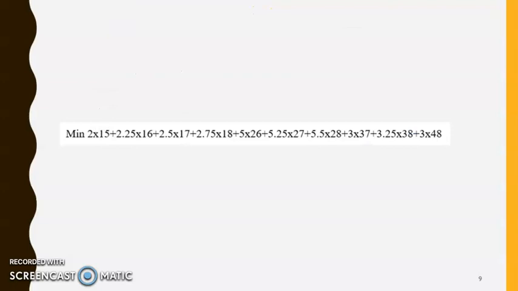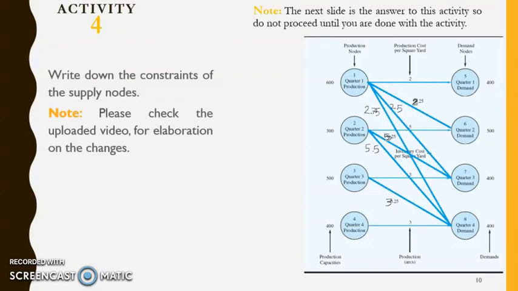Here we have the objective function with the same logic. We discussed it before. And after that, we go for the constraints of the supply nodes. Constraints of the supply nodes is similar to all the previous supply nodes we have had so far. Pause the video before you check the answer.